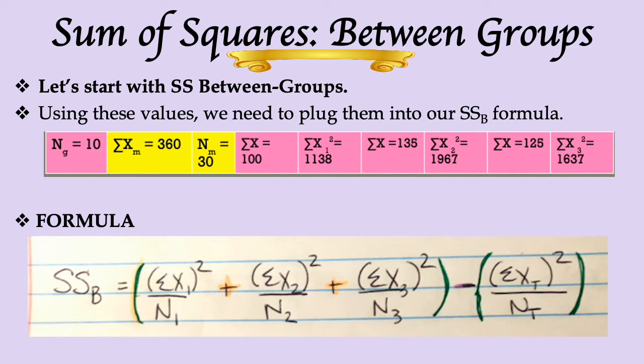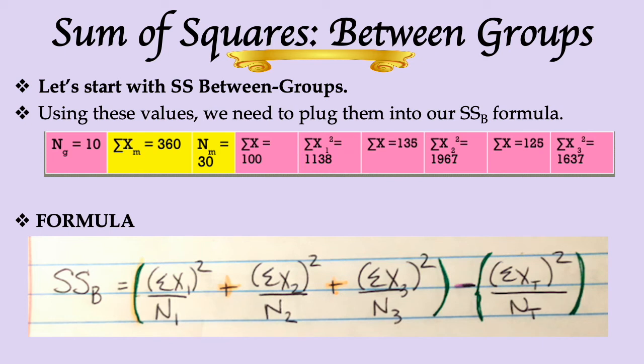We're going to add that to the sum of x of the second group, which is immediately after the course, and that is going to be 135. So we're going to say plus 135 squared divided by 10 again. The third group we have is the 6 months after magic test scores, and the sum of x for group 3 is going to be 125. So 125 squared divided by 10.